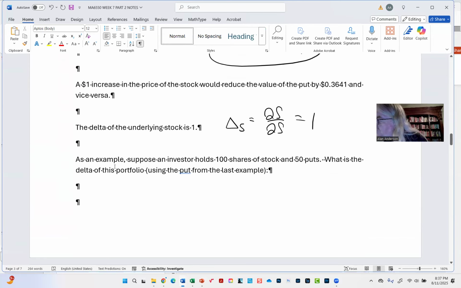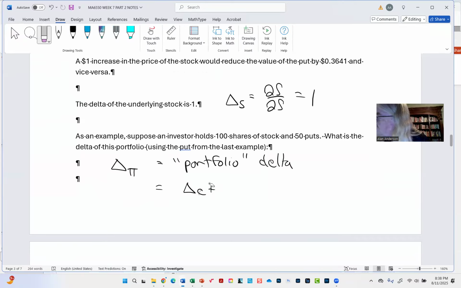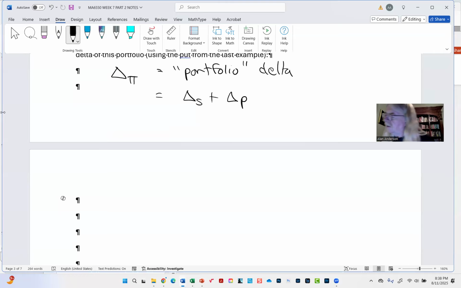So the delta for the portfolio, which some books use a pi for, is going to be delta S, which is the delta of your stocks, plus 50 times the delta of your puts. Now, you've got 100 shares of stock.